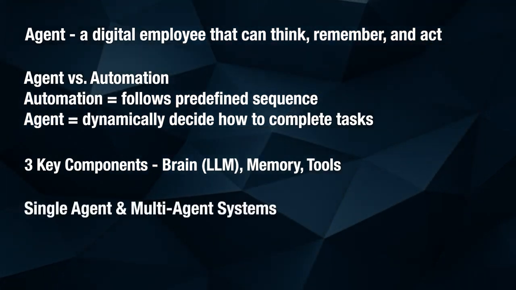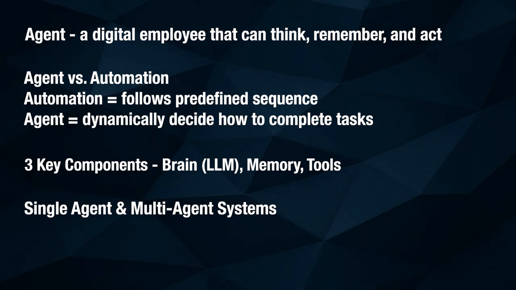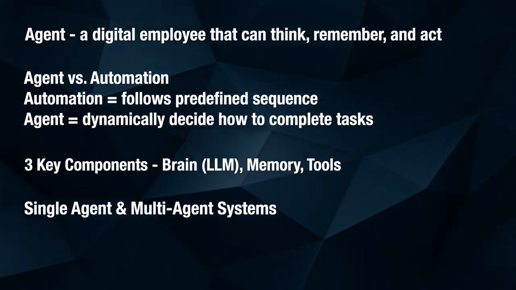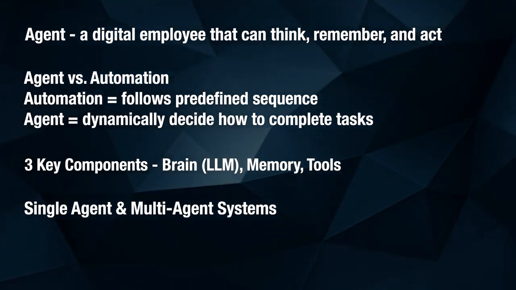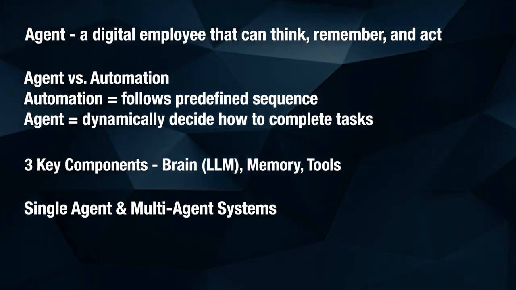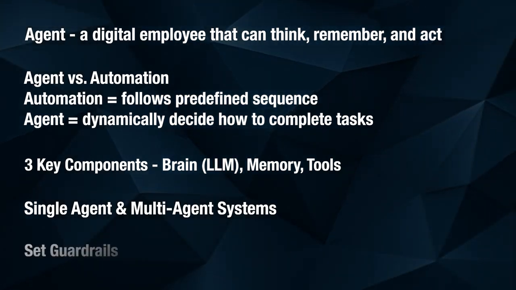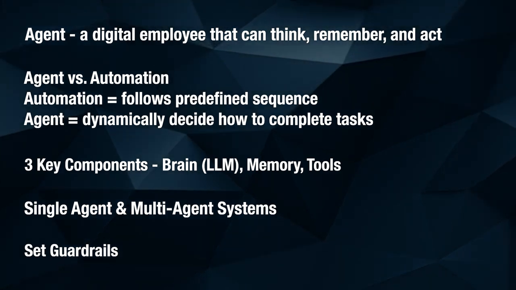We are starting with a single agent system, which is often all you need, but you can also build multi-agent systems, most commonly where a supervisor agent delegates to sub-agents, though there are other advanced options. And finally, always set guardrails so your agent doesn't go off the rails, and keep updating them as your use case evolves.